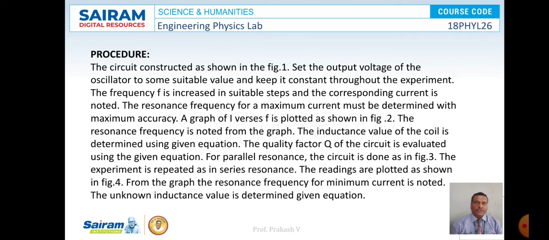As I said, the current is observed to be minimum in the beginning, keeps on increasing, reaches a maximum value and then decreases again. In the case of the parallel circuit, the current in the beginning is large, keeps on decreasing and reaches a minimum value at the resonance frequency Fr, and then increases again. Here we have to plot a graph of current versus frequency in both cases.